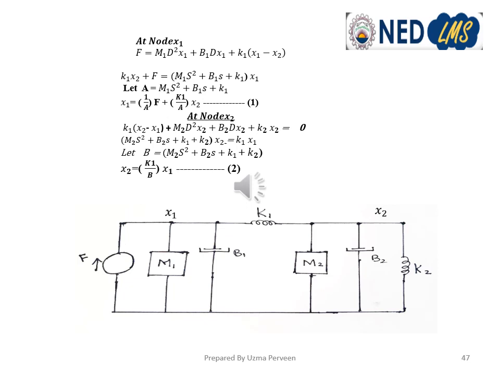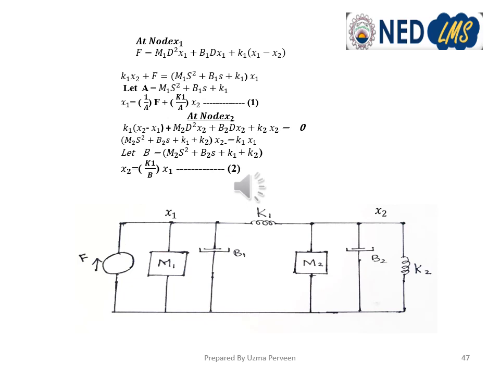By observing the mechanical network, we will write the equations in the same manner as we have written for the differential equations. The first equation is at node x1. We have taken the final equation for x1 from the node x1 equation, and the second equation we have written on node x2, and we have taken the equation for x2 from the second node equation.